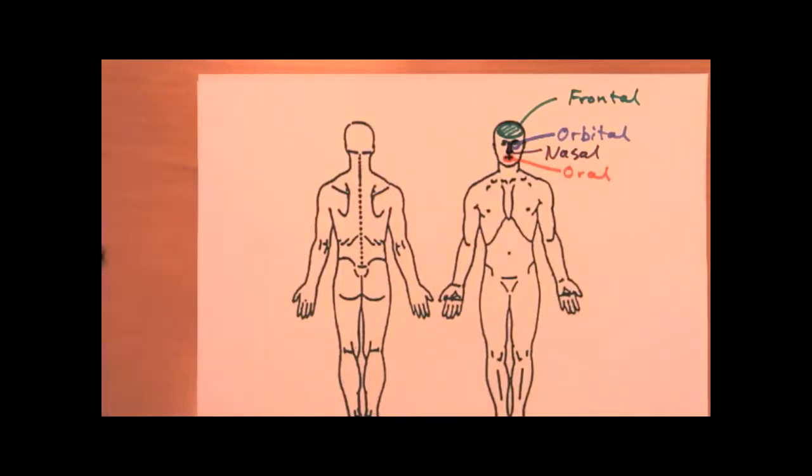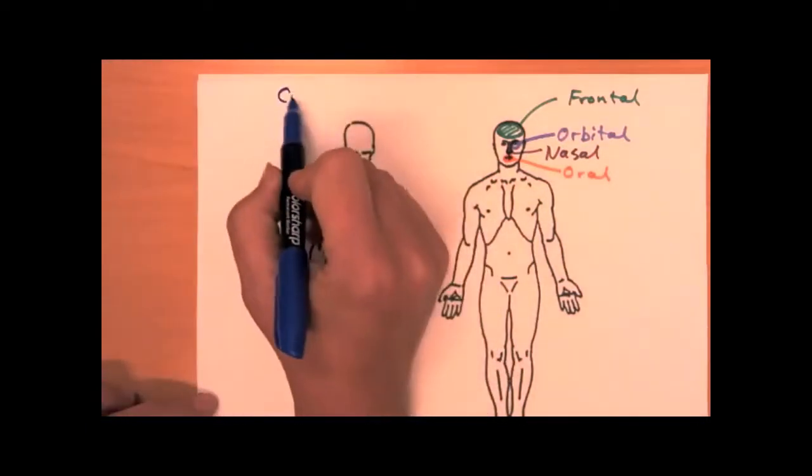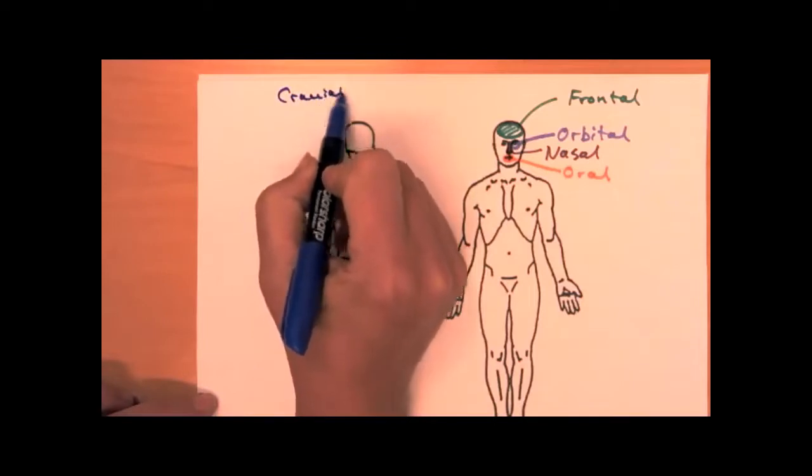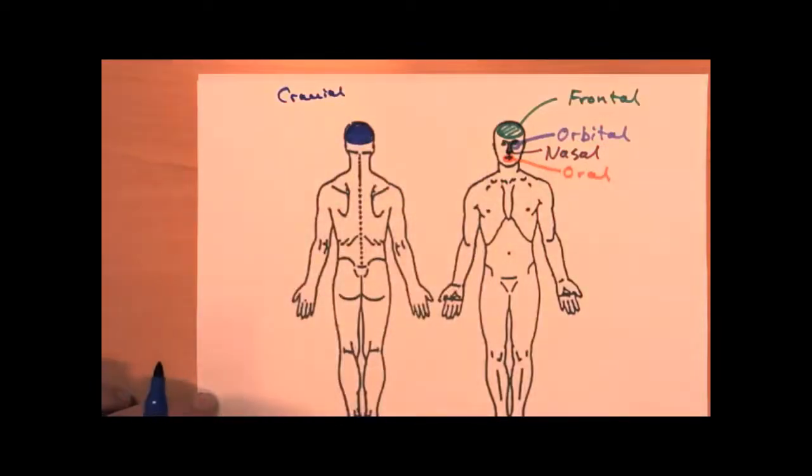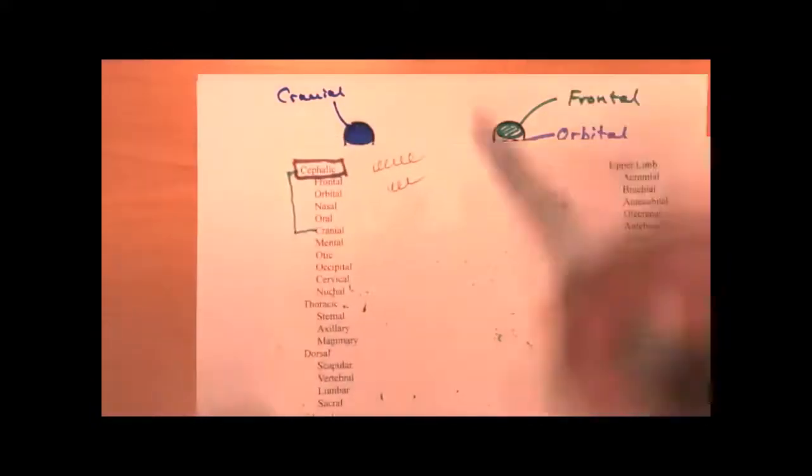The next one on the list is cranial. So I want to point out that this is one of those words that gets confused all the time. Make sure that you study this accordingly. Cranial is essentially where your brain is. It's your brain case, okay? As opposed to cephalic, and that's what this is all about here.